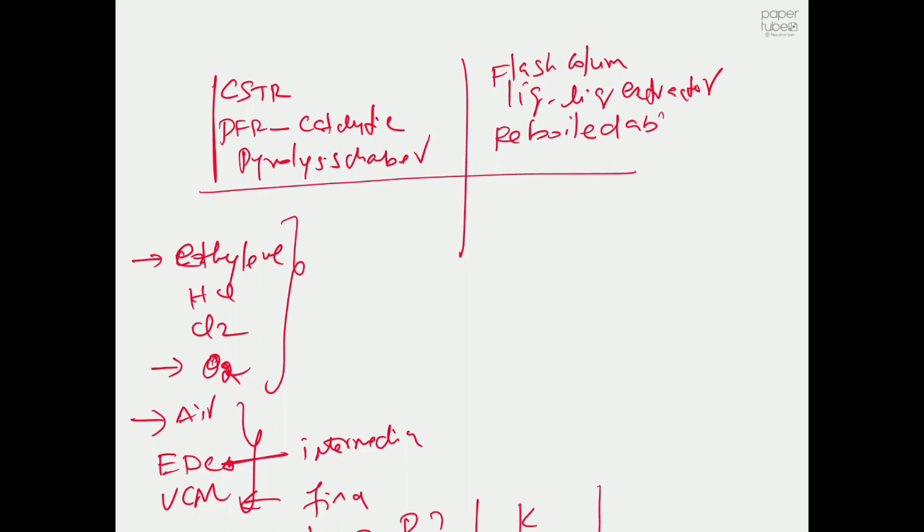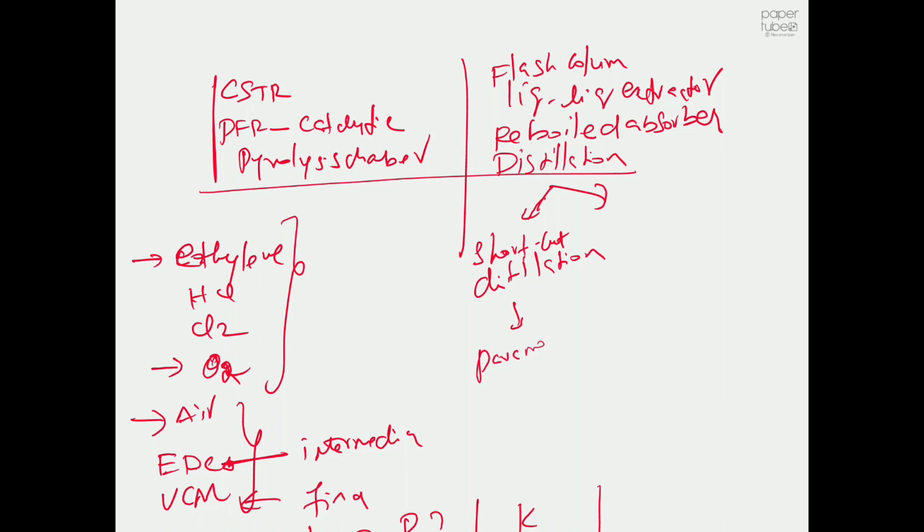In fact, we are learning almost everything in Aspen HYSYS through this one example. And then the distillation column. We are going to learn a technique to use the shortcut distillation method to get some parameters, which we will use to design a rigorous distillation column.